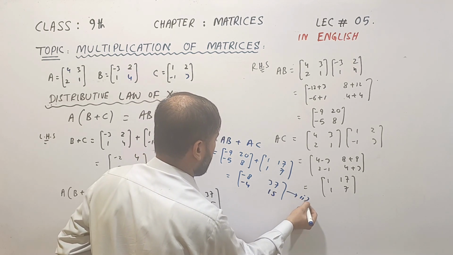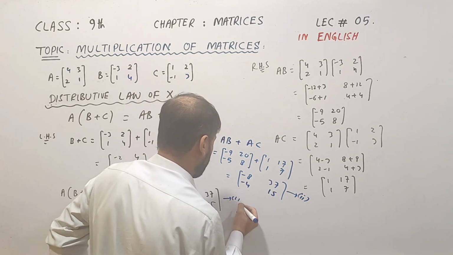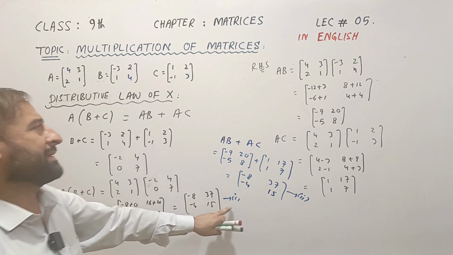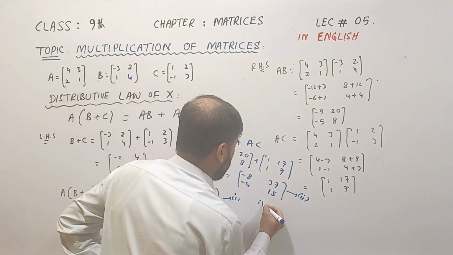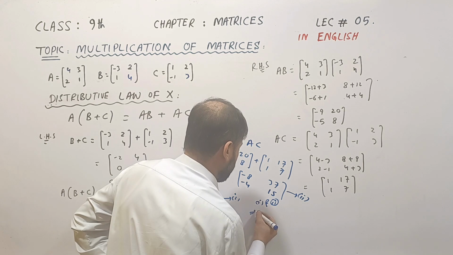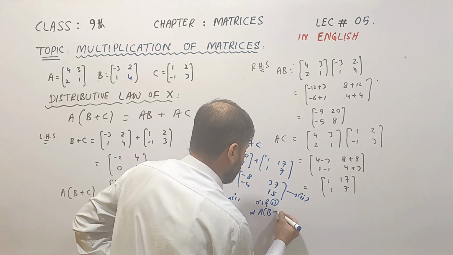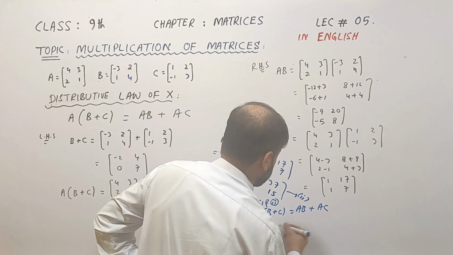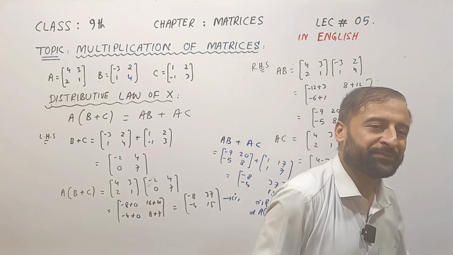This is your equation number 2. This is your result number 1. So then you finally have to write from 1 and 2: it is clear that A into B plus C equals AB plus AC, hence proved.